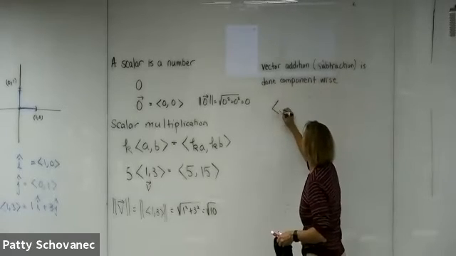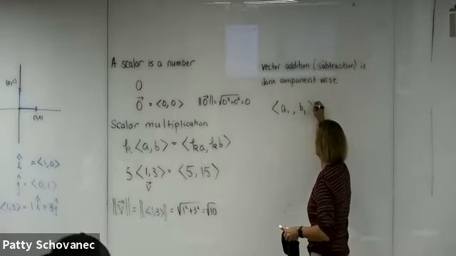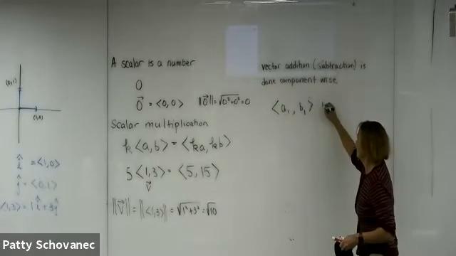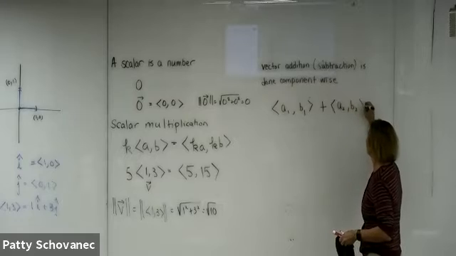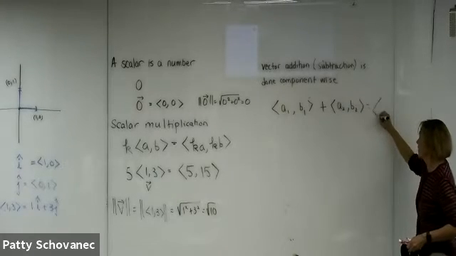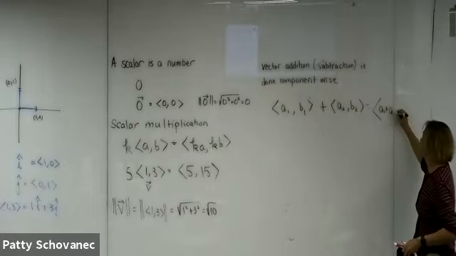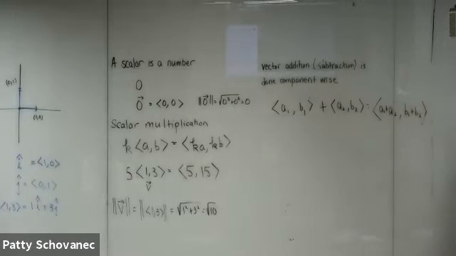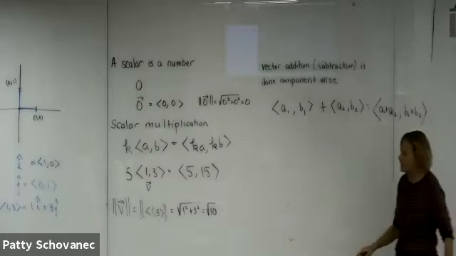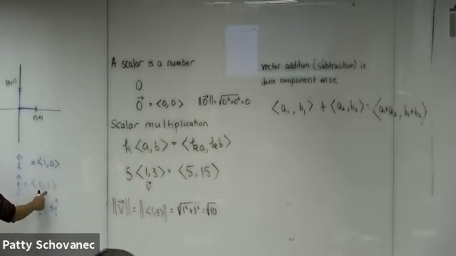For example, if I have A1, B1 as the components of one vector, and I add to it A2, B2, you get what you think you should get: A1 plus A2, comma, B1 plus B2 as the components. So that's what I mean here. I would just add one of these with 3 of those to get that one.